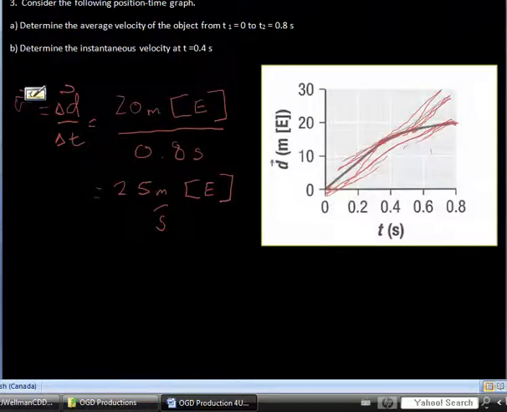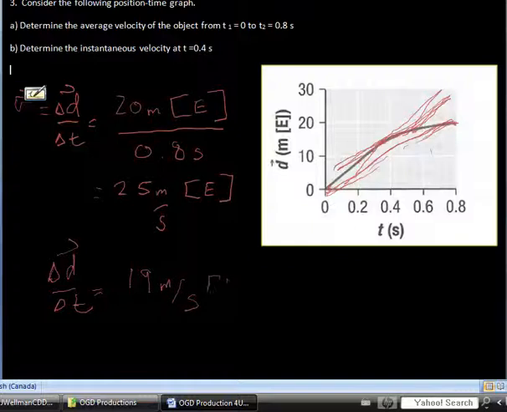Rulers definitely help. So if you look at the slope here, you've got a slope that is much less, and you probably will get something around 19 meters per second. So if on your homework you did that, you got something around 19 meters per second, you're on the right track.